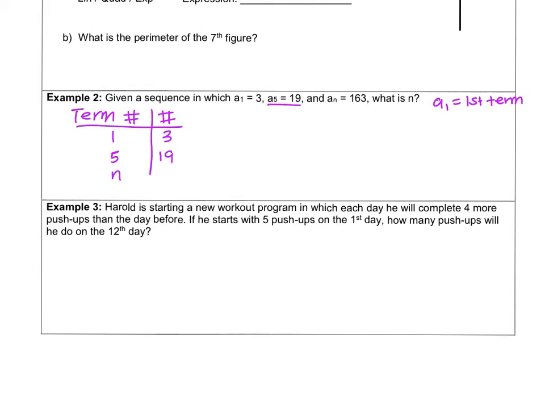And I'm looking for the nth term, but I know that it's 163, but I don't know where that falls in that pattern. If I was writing it out, it looks similar to this. The first one is 3, then I'm missing the second, third, and fourth, and I have 19.